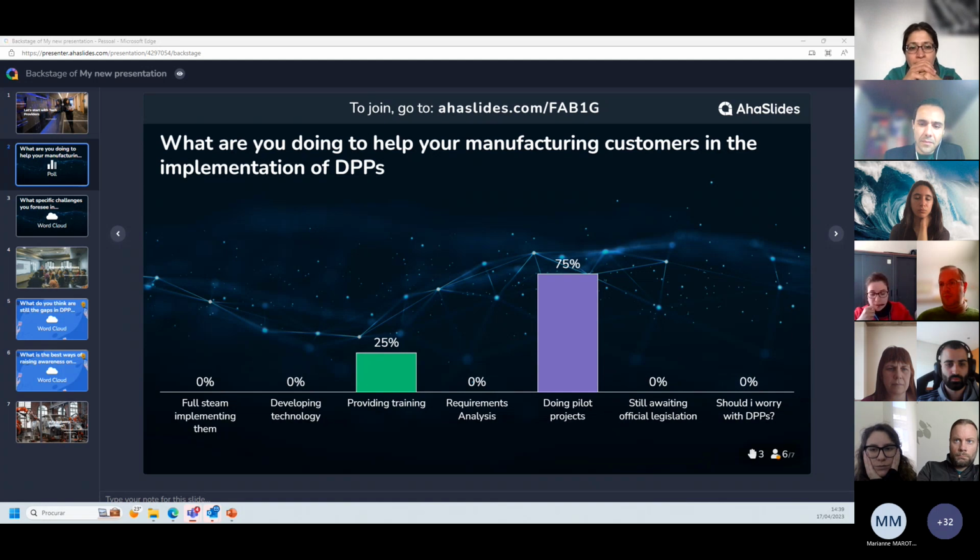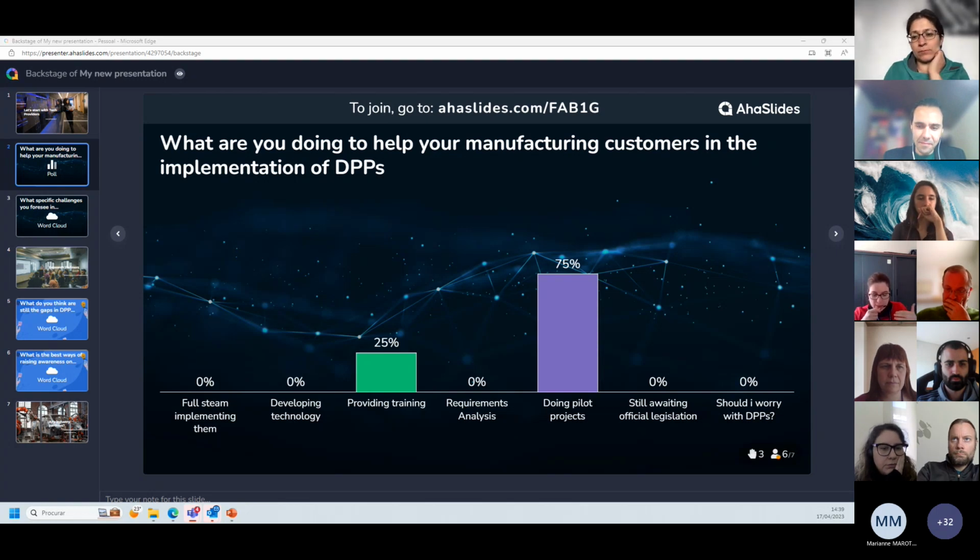At European level, a working group has been set up to support the European Commission for the future standardization mandate on the digital product passport, meaning which standards the Commission will require, especially in terms of identifiers and requirements for identifiers.